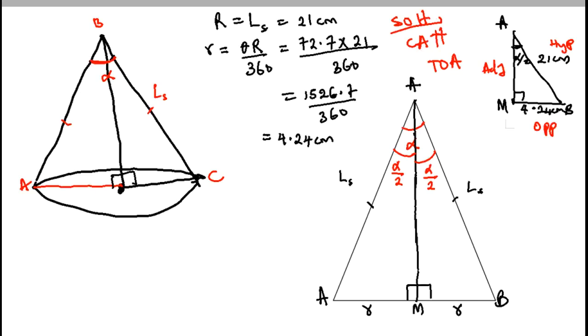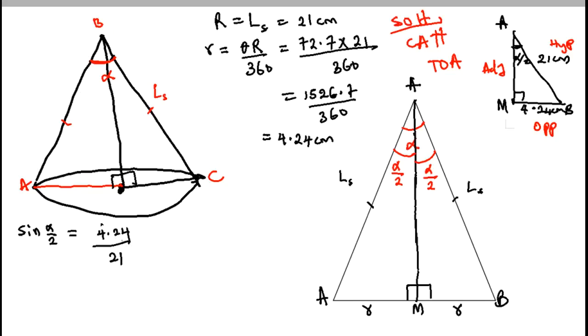So let's continue. We are going to use sine. Sine of alpha over 2 is equal to the opposite, 4.24, over the hypotenuse, 21.